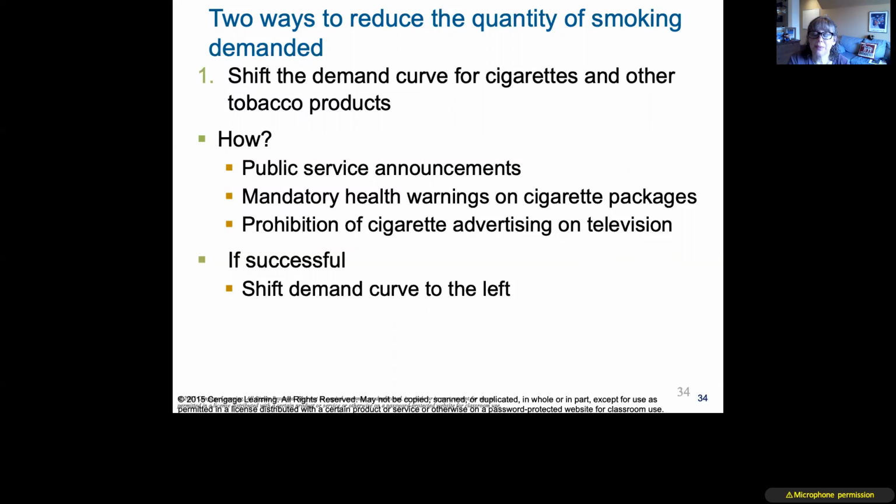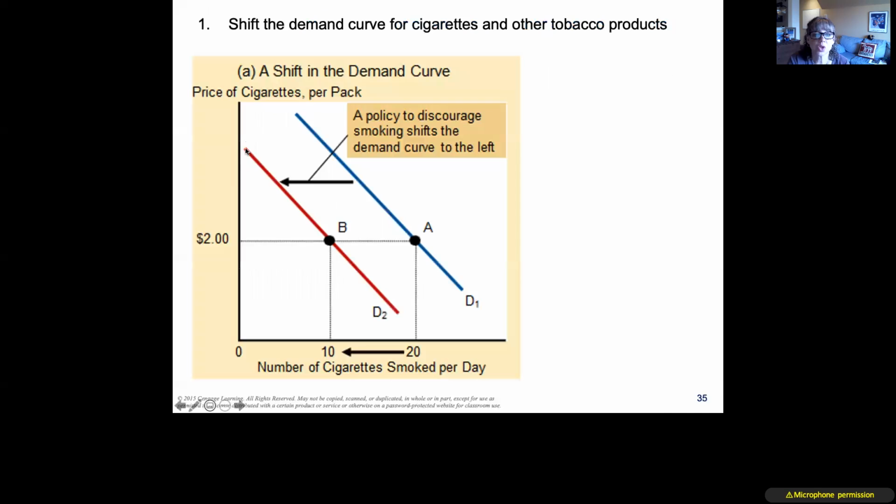Information can affect preferences, but it can also affect people's desire for the product, decreasing the demand. The prohibition of cigarette advertising on TV is reducing people's awareness. If successful, this would shift the demand curve to the left. So a policy that discourages smoking will shift the demand curve to the left.